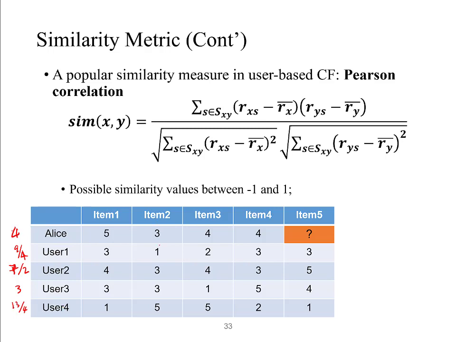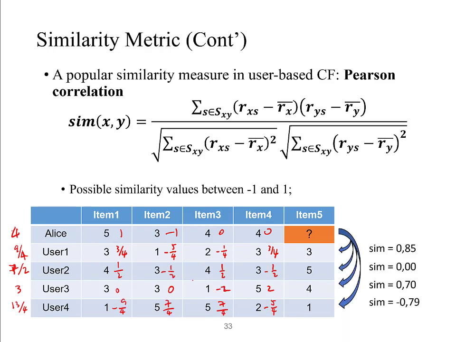Remember, when we compute the average score, we don't include item 5. Then if we do the subtraction, this is 1 minus 1, 0, and here should be 3/4, this is minus 5/4, minus 1/4, and 3/4. We can do all the rest, as you can see in red.